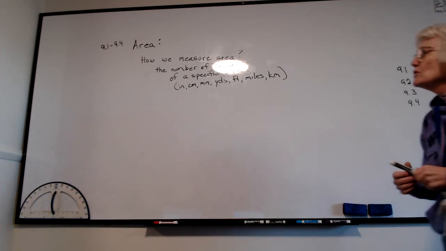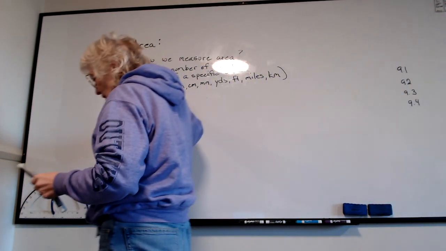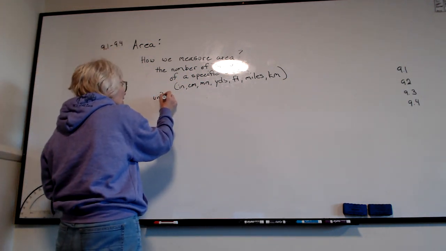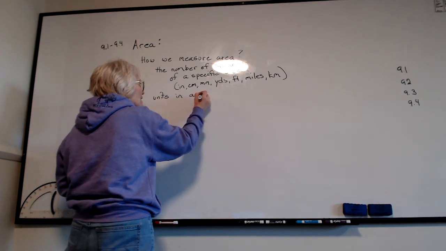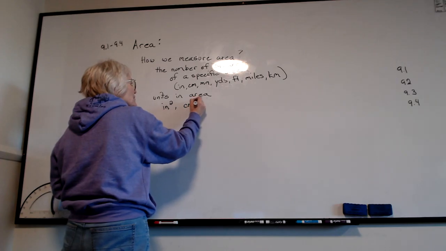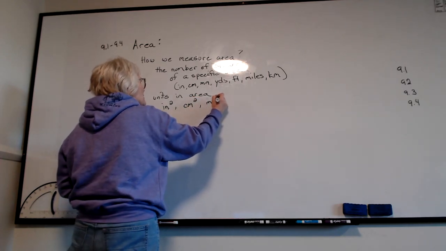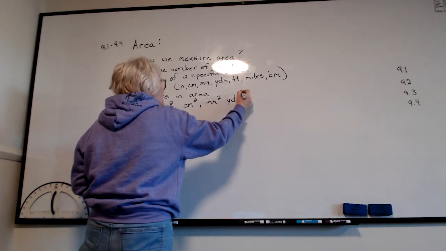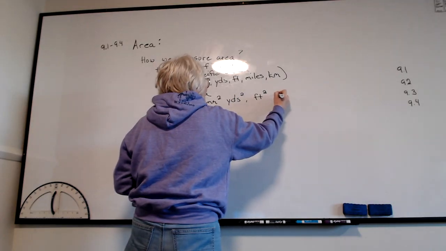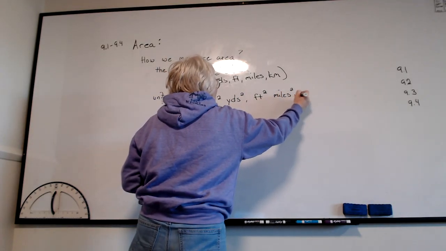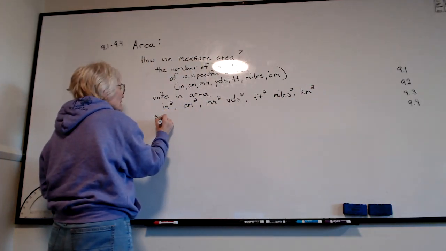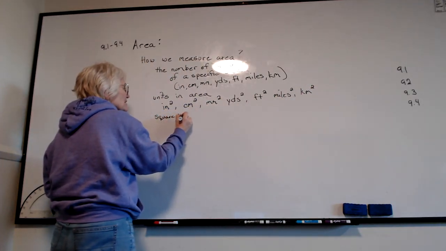Okay. So when we're looking at this, it's the number of the squares. Hence why our units in area are inches squared, centimeters squared, millimeters squared, yards squared, feet squared, miles squared, or kilometers squared. Now some people like to write it this way, square inches.